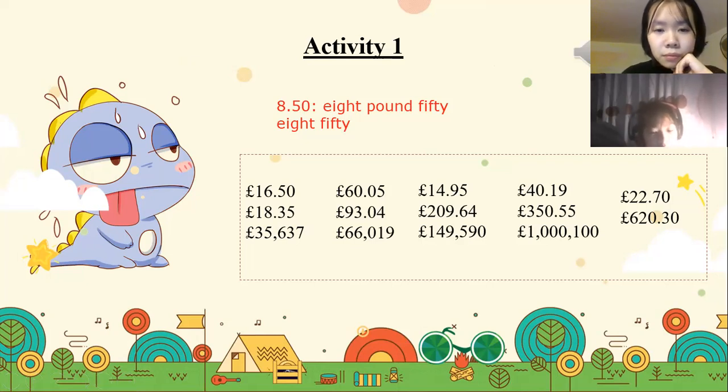Activity 1. £16.50. £16. £60 and 5 pence. £16 and 5. £14.95. £14.95. £40.19. £40.19. £22.70. £18.35. £93 and 4 pence.